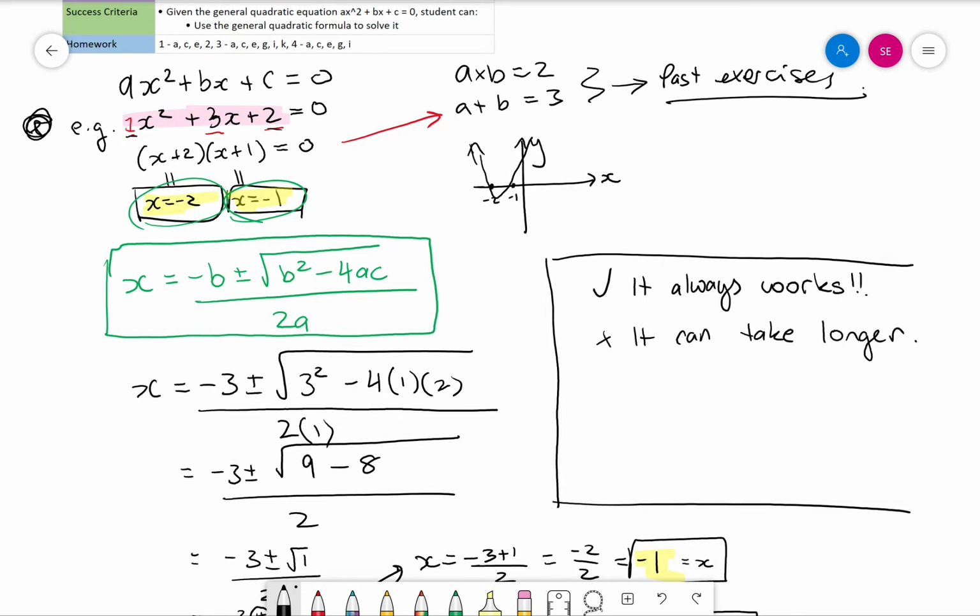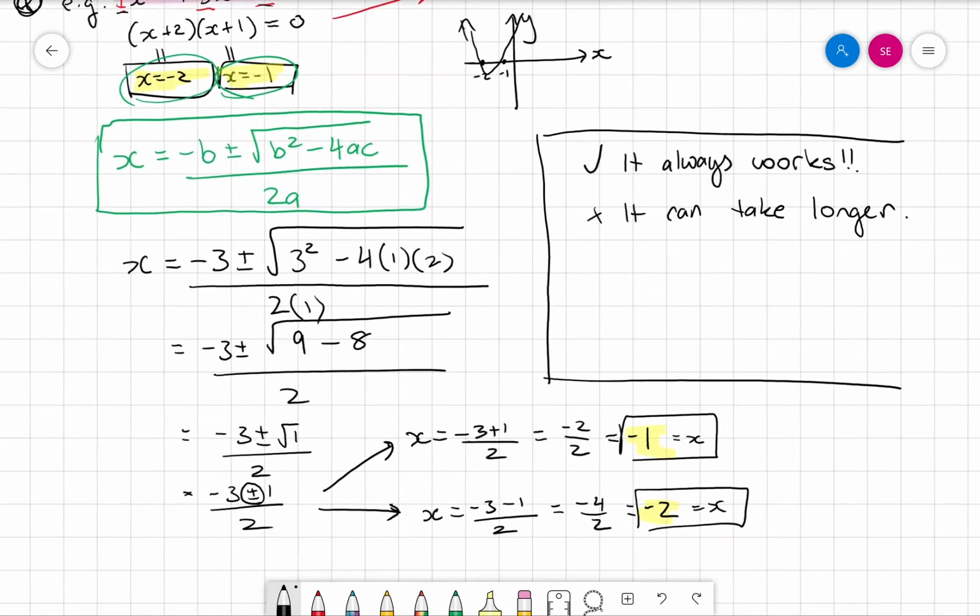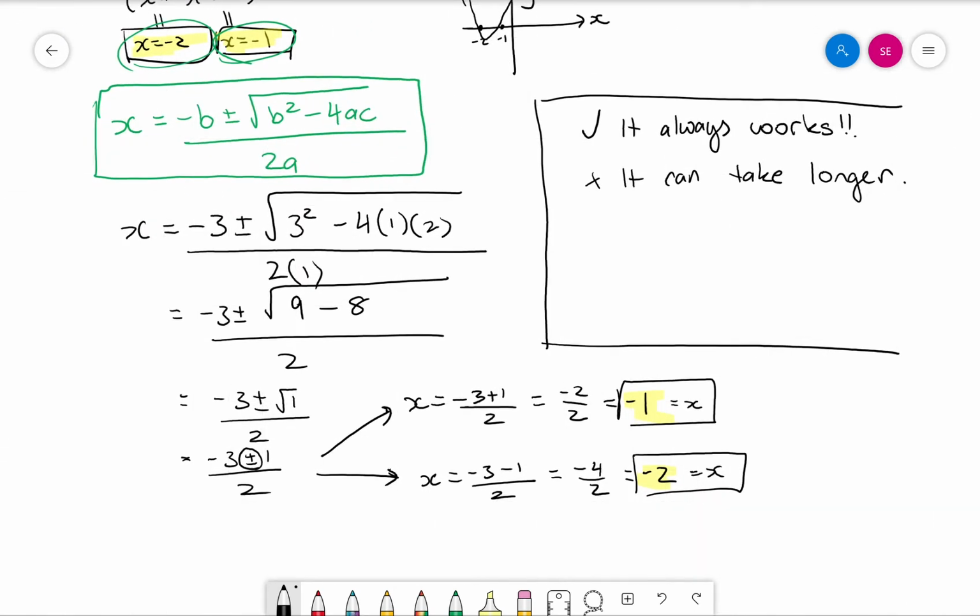It might take a little bit of time to solve at the moment, but I guarantee you in a year's time you'll be able to do it in a couple of seconds. Whereas this quadratic formula requires 1, 2, 3, 4 lines of working, plus this extra working to the right hand side, so it can take a lot longer. So it is a bit of a trade-off, but if you're lazy, it always works. It's very, very useful.